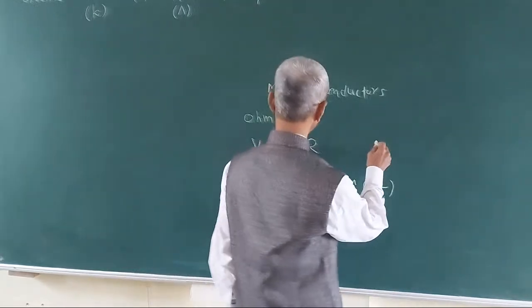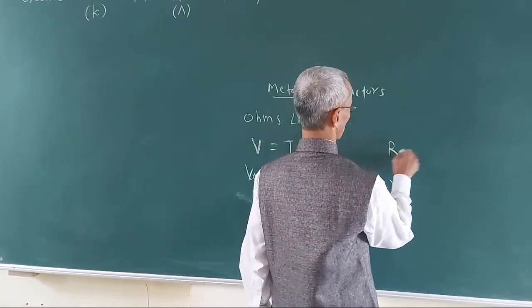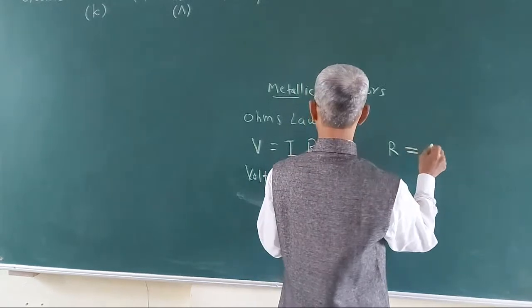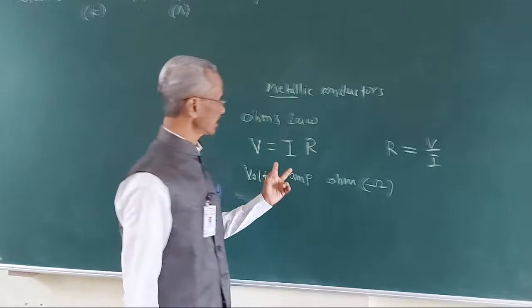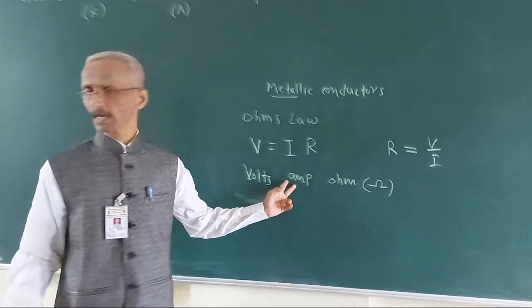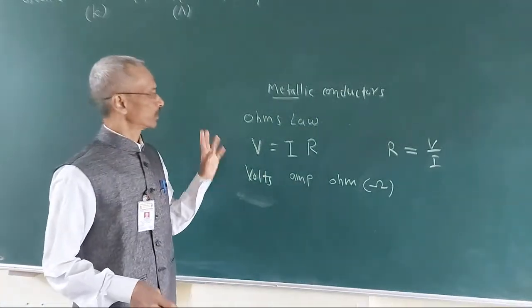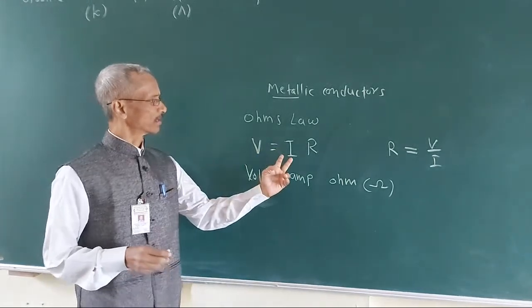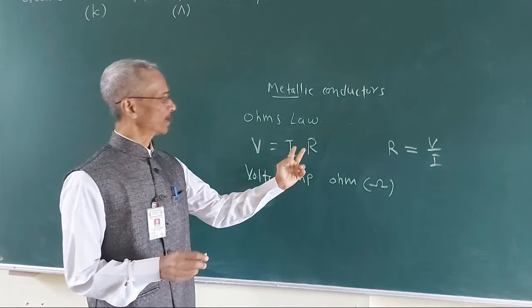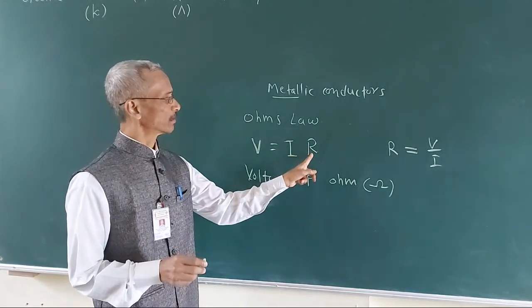Or one can also say the resistance of that material is equal to V upon I. So here the units are important. The current is always in amperes.